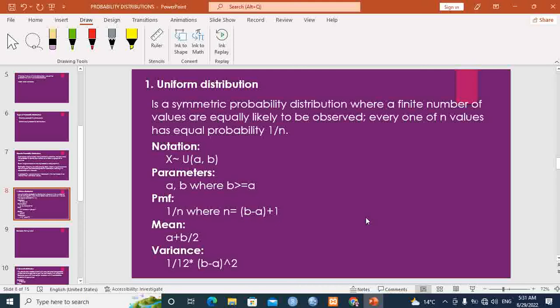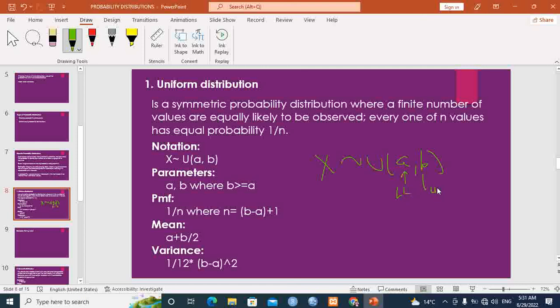Notation: when we say X follows a uniform distribution with a, b, we are saying this random variable X follows a uniform distribution with lower limit a and upper limit b.